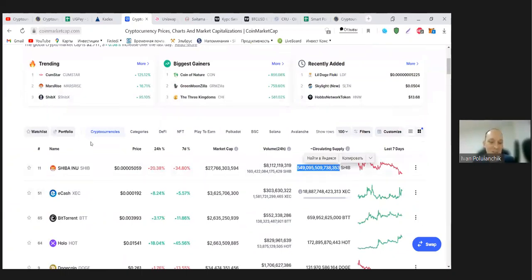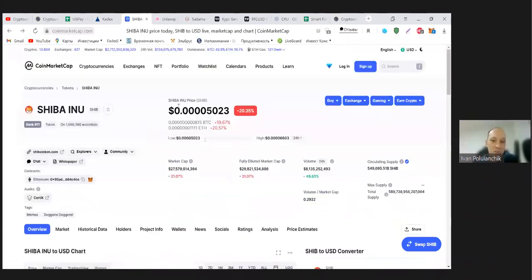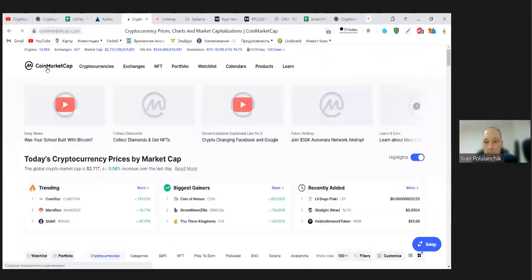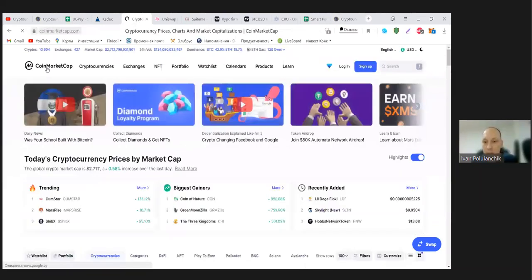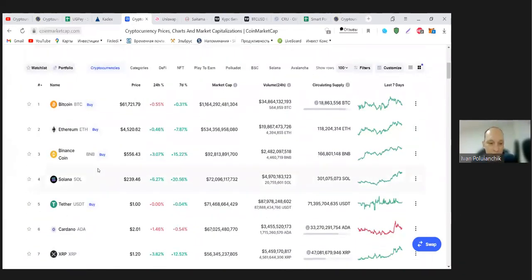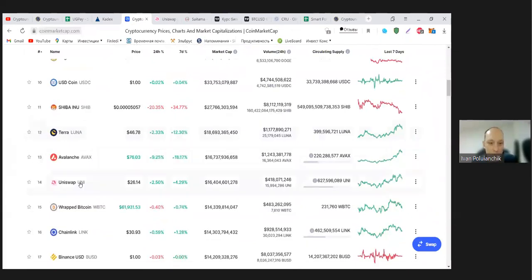I don't know why so many. It's like 549 trillion. I don't think it has any future. I don't see any promise in it. Well, maybe it will become a little bit more expensive, but it's too high a risk to invest in it. Better buy something like Uniswap.